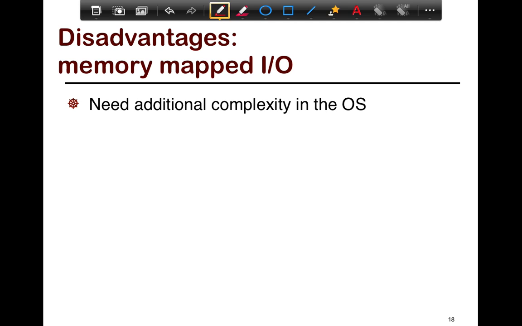The big disadvantage with memory mapped I/O is, first of all, you need additional complexity in the OS. This is arguable. It's not necessarily more complex, it's just different from the port interface, in that you need extra layers of abstraction.